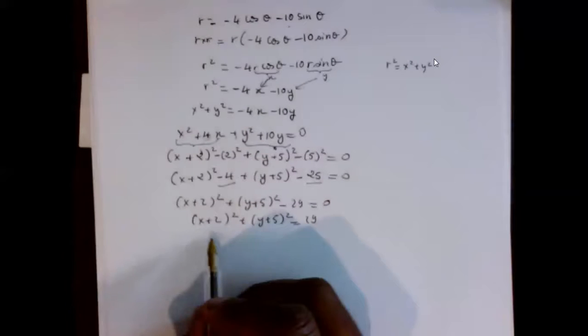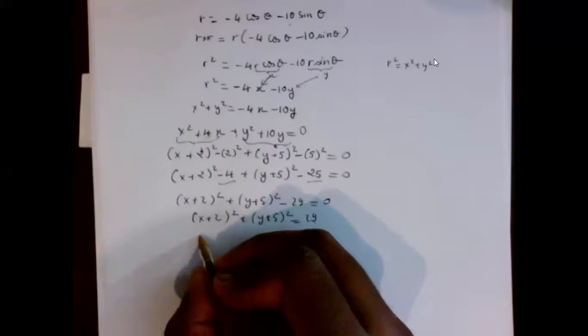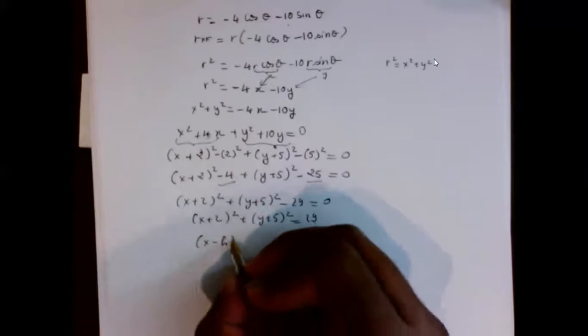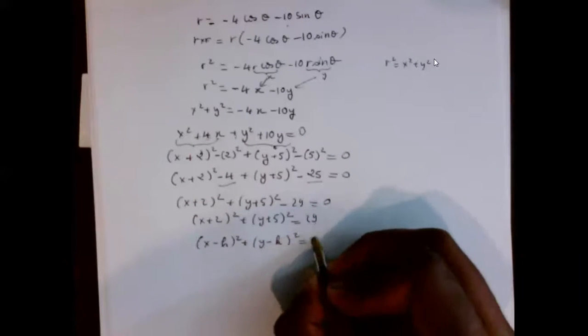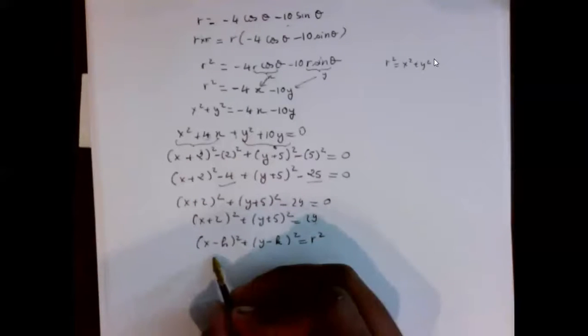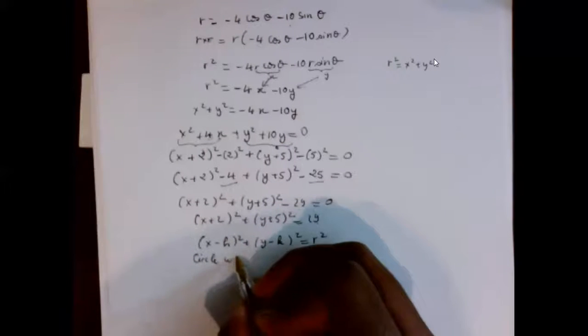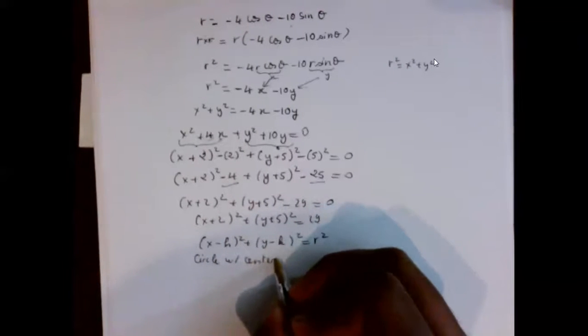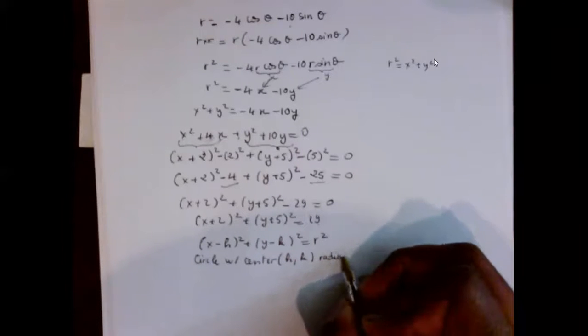As you can notice, this is an equation of a circle. Typically the equation of a circle is (x minus h) squared plus (y minus k) squared equals r squared, with center (h, k) and radius r.